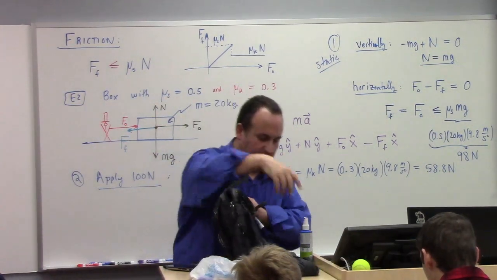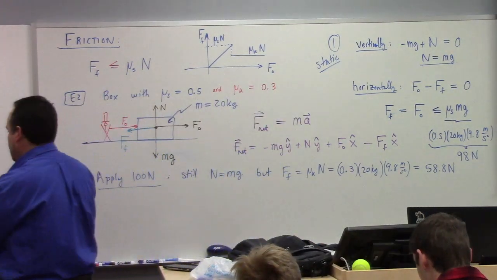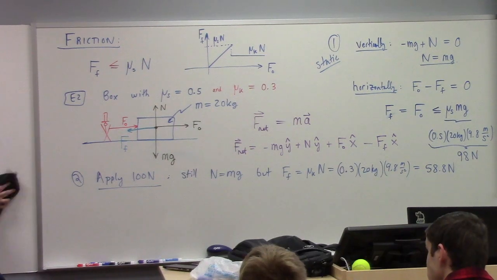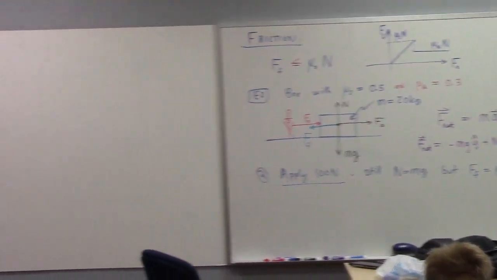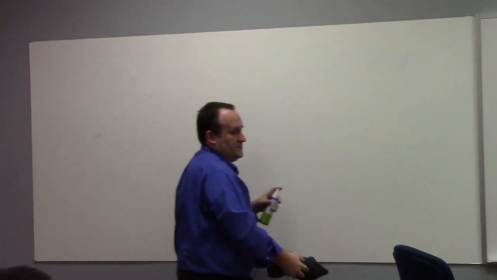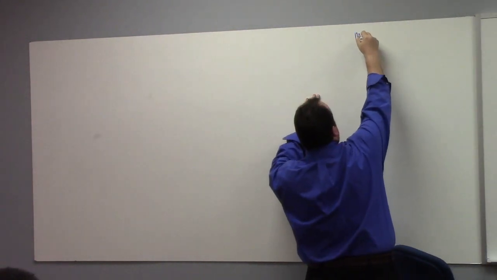Now let me erase this funny business over here. All right, things are getting too crowded on that one board. Let me just draw the free body diagram for the situation in motion.